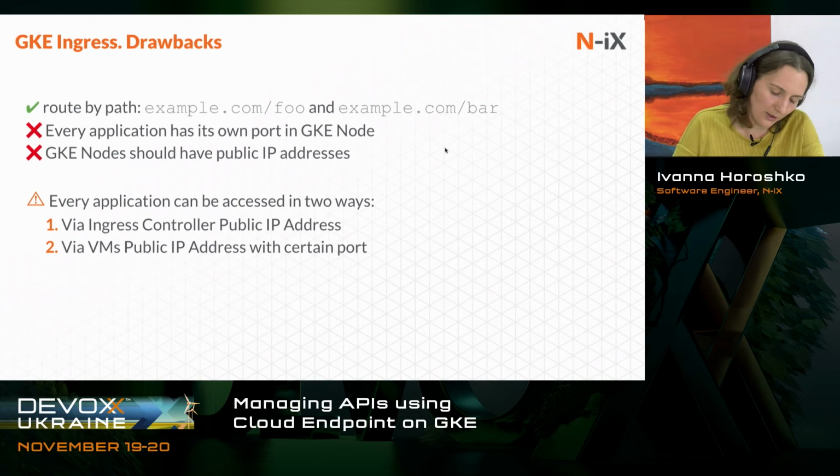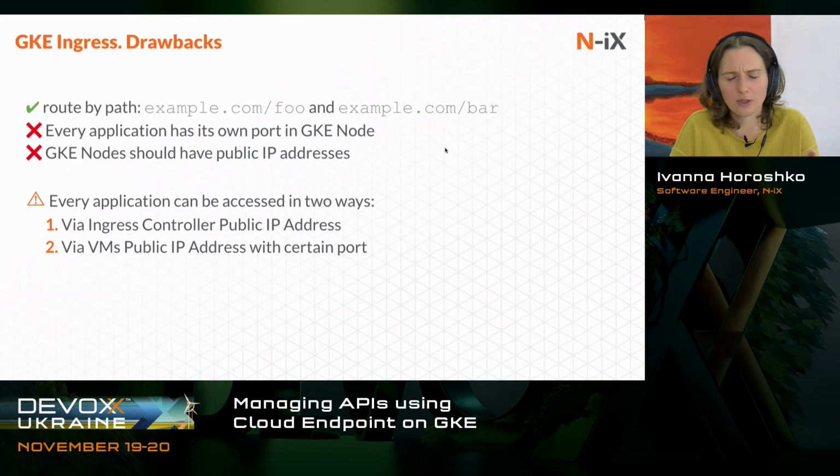It can be slightly complicated to manage, because if you want to keep the mapping, you want to say this service will have this port, then this service will have another port. You just have to keep track of that, and you need to make sure that they don't intersect.